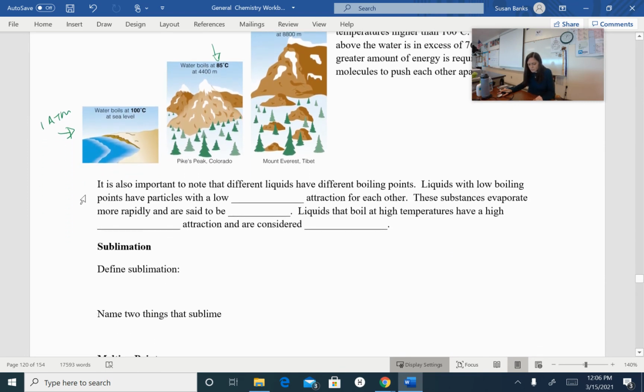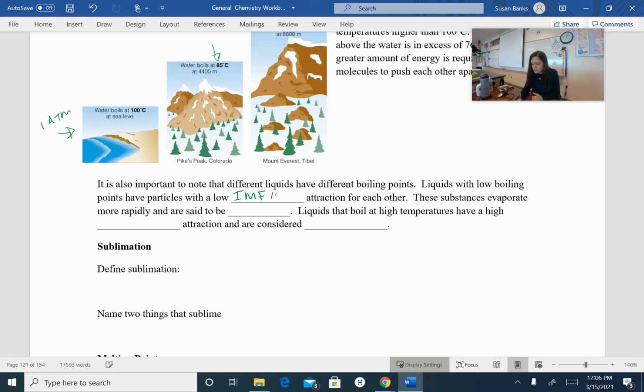It's also important to note that different liquids have different boiling points. Liquids with low boiling points have low intermolecular attractions for each other. So liquids with low boiling points have particles with low IMFs, or intermolecular forces attracting each other.